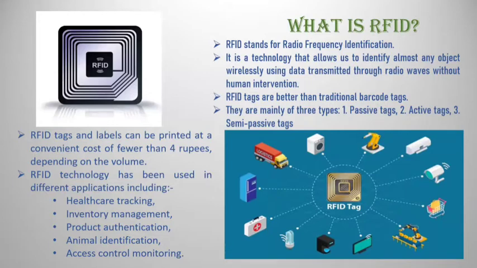They are mainly of three types: passive tags, active tags, and semi-passive tags. RFID tags and labels can be printed at a convenient cost of fewer than 4 rupees, depending on the volume. RFID technology has been used in different applications, including healthcare tracking, inventory management, product authentication, animal identification, and access control monitoring.